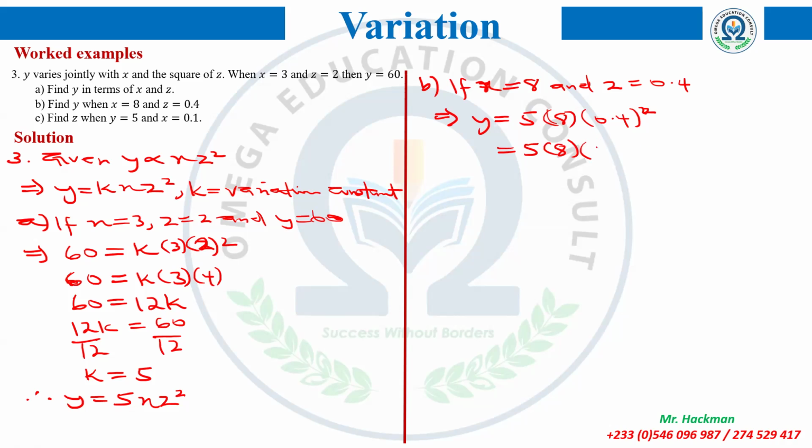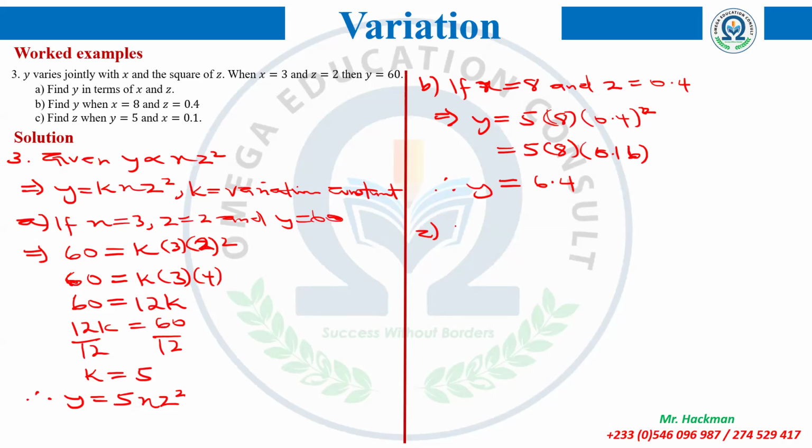Okay, so 0.16. At this point, you can use your calculator straight away to do everything. I've not done my conclusions. I'll write therefore y is equal to my calculator value, 6.4. Because you have decimals, your answer likely will also be in decimal. Do we have any units? No units for y, so you leave it there.